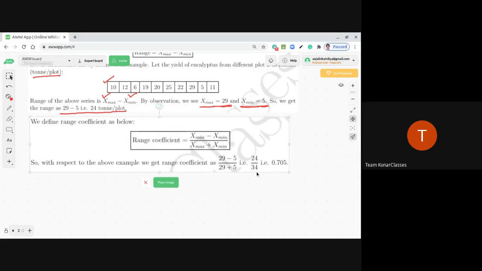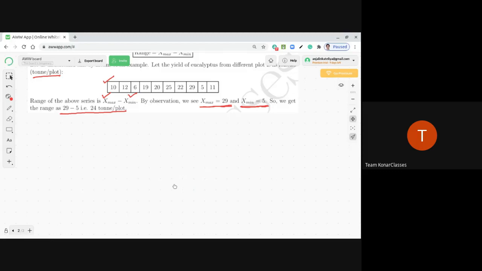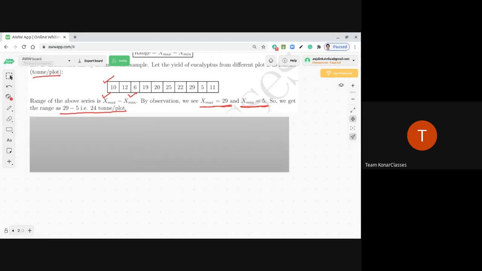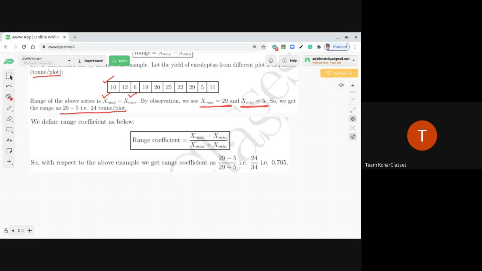We define the range coefficient as x max minus x min divided by x max plus x min. With respect to the above example, the range coefficient is 29 minus 5 divided by 29 plus 5, that is 24 by 34, that is 0.705. That is the range coefficient.